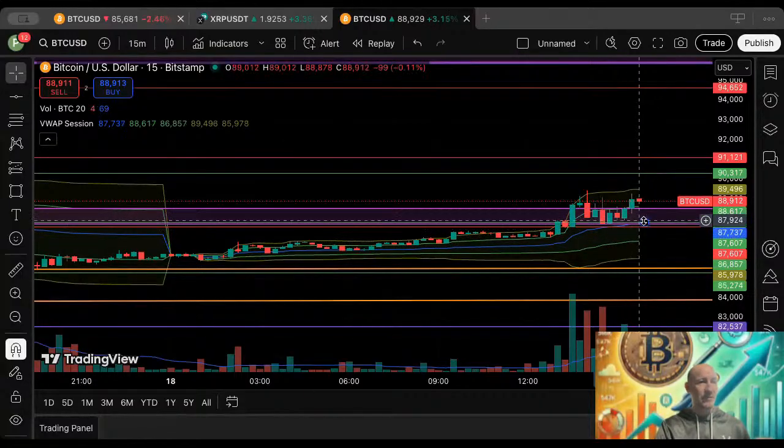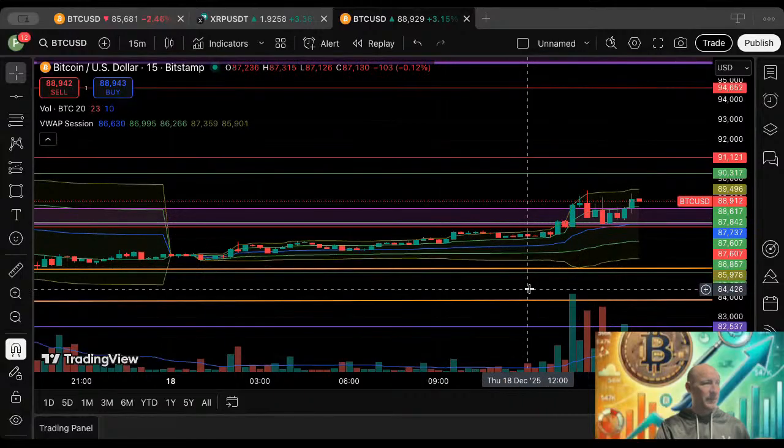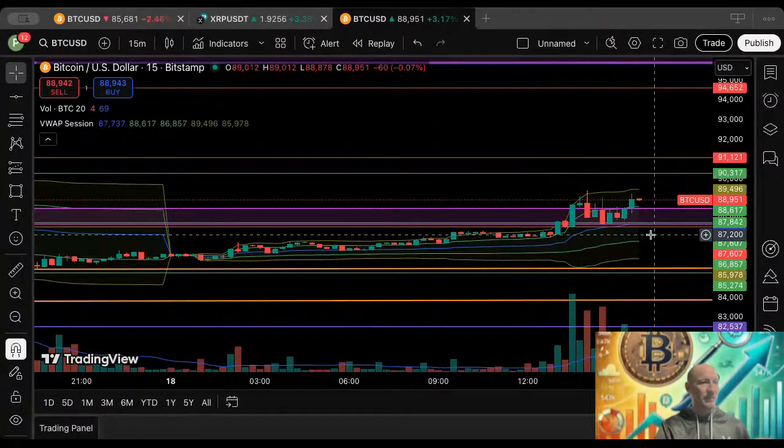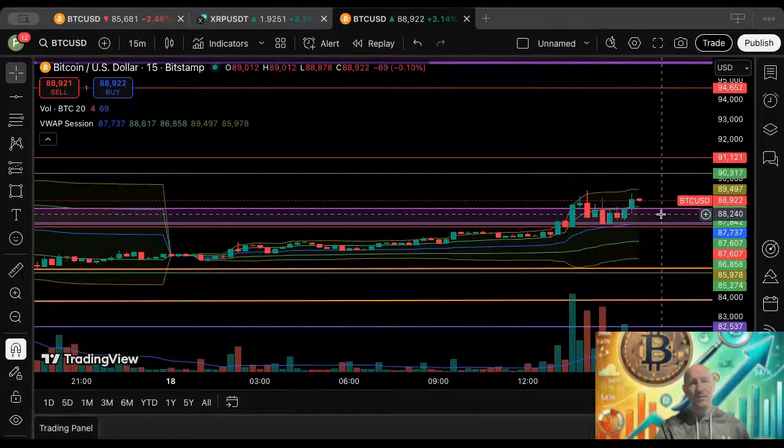Most people, they would put their stop loss like way down here or maybe right here. But you want to get taken out quick if you're wrong.